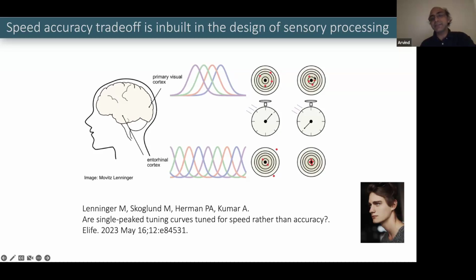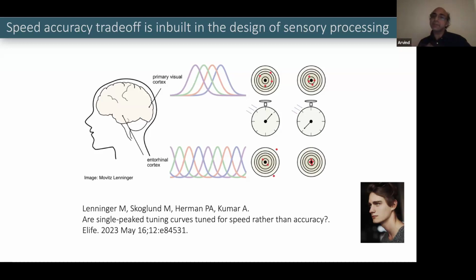At large intervals, if you have long time, the accuracy doesn't improve that much. But good thing is that you don't make huge errors that you go outside the dartboard. Periodic tuning curves, they are very good in large. You get like really bullseye in long time, but in short time can be as bad as going outside the dartboard.